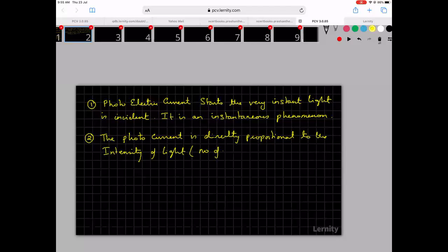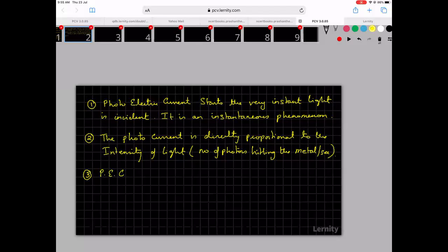Intensity means number of photons hitting the metal per second. So, one, photoelectric current starts the very instant light is incident. Second, the photocurrent is directly proportional to the intensity of light, that is number of photons hitting the metal per second.